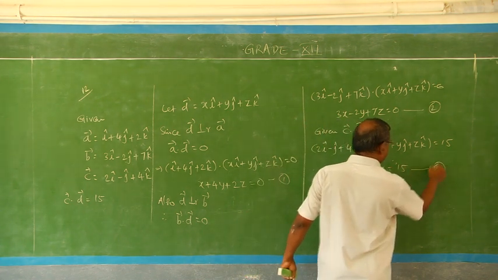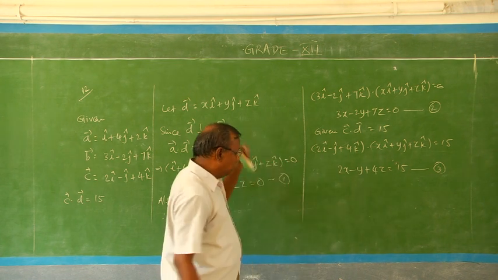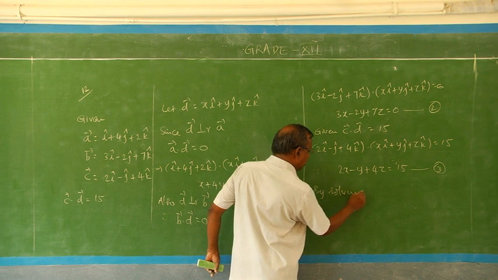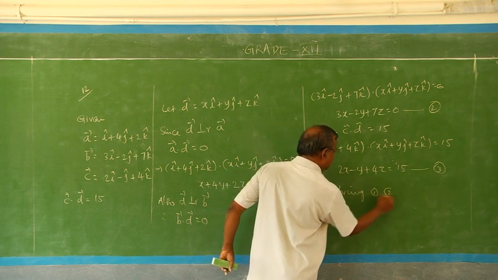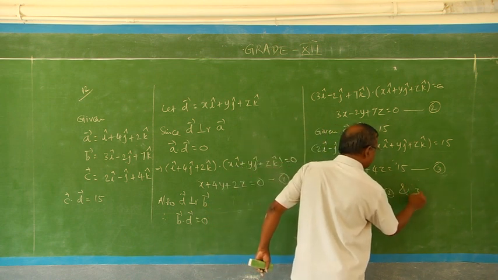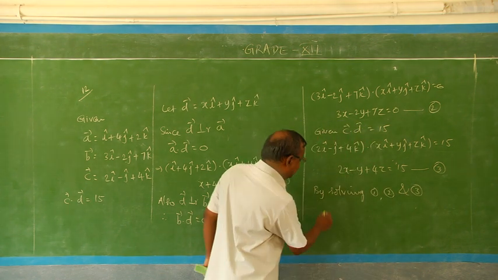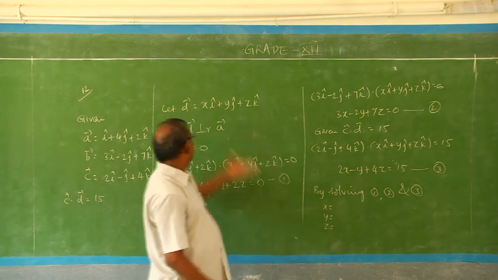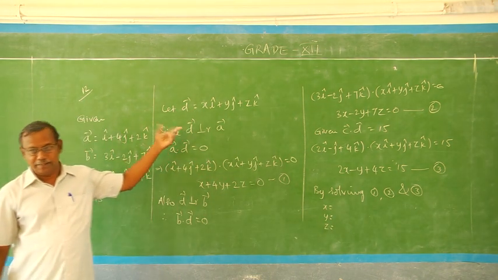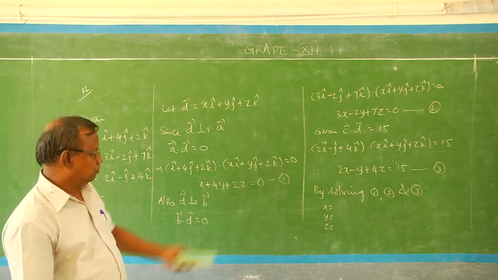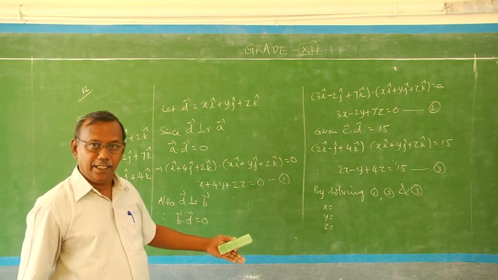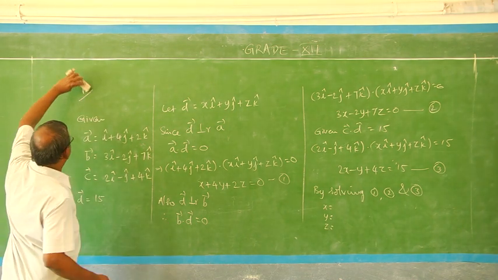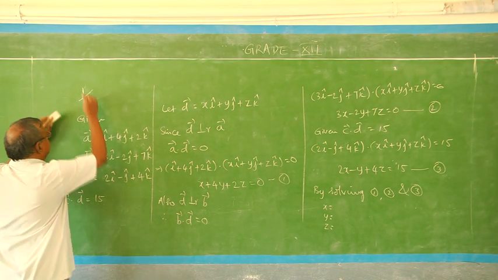Say this is the third equation. Now by solving 1, 2 and 3, you can get the values of x, y, z. Substitute those values in D vector and you can find D vector. So it is up to you. I have given a clear idea, so you can solve the remaining problem. Now let us solve the third problem.